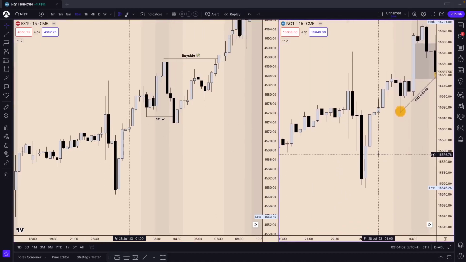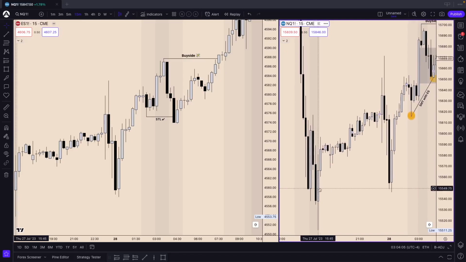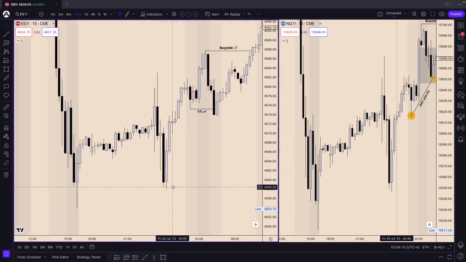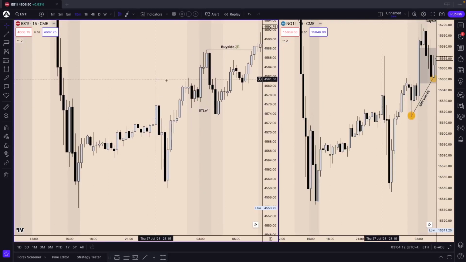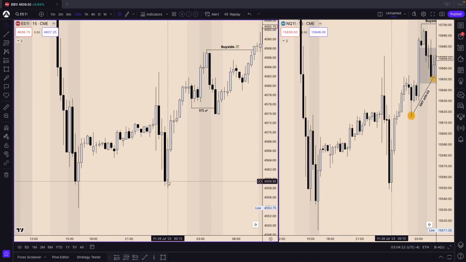Alright, so right here, we start out the day. This is Thursday's price action. We managed to close and open up right here. And if we compare both charts, ES and NQ on a 15-minute time frame, we can see we formed our low right here at 3:45 p.m. New York local time. And here we formed our Asian session low right at just 15 minutes after midnight.